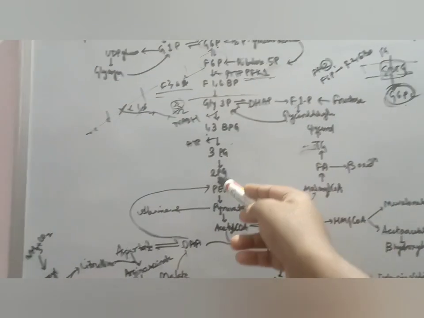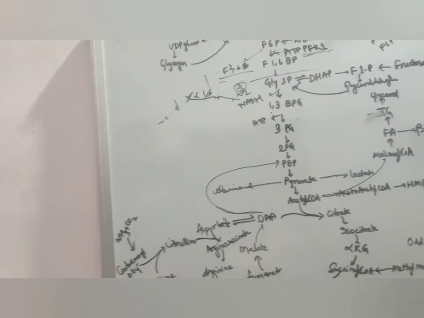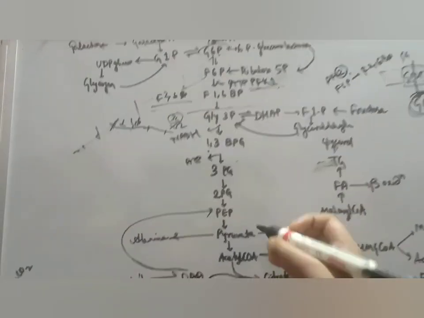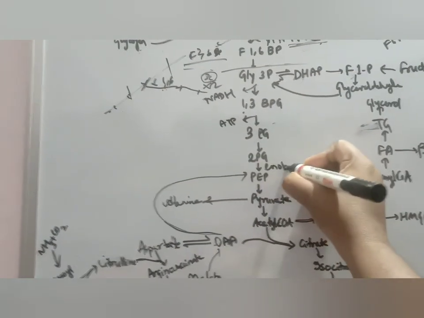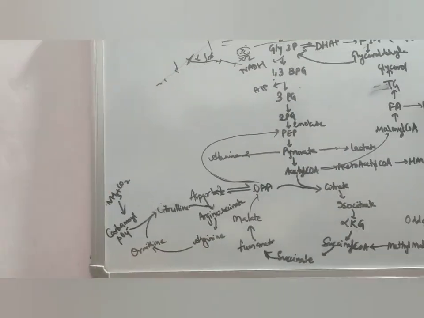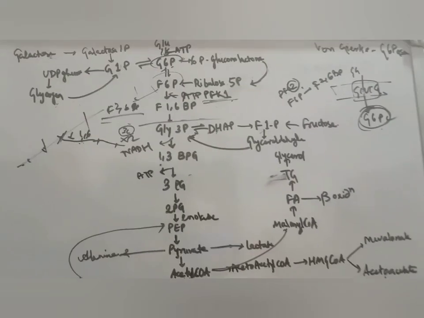Then from 3-PG to 2-PG, no one cares, it's just an isomer kind of thing. Then from 2-PG to PEP, then from PEP to pyruvate, and pyruvate to acetyl coenzyme A. One important thing is that this enzyme is enolase, and this PEP to pyruvate is the substrate level phosphorylation, and the enzyme is known as pyruvate kinase.